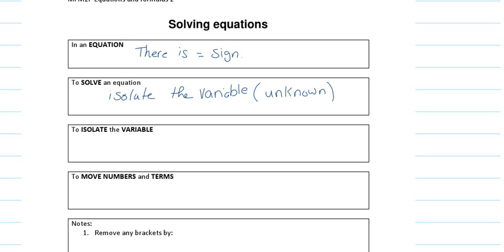So as I said, when you're isolating the variable, you're moving all the numbers to one side and all the variables to the other side.